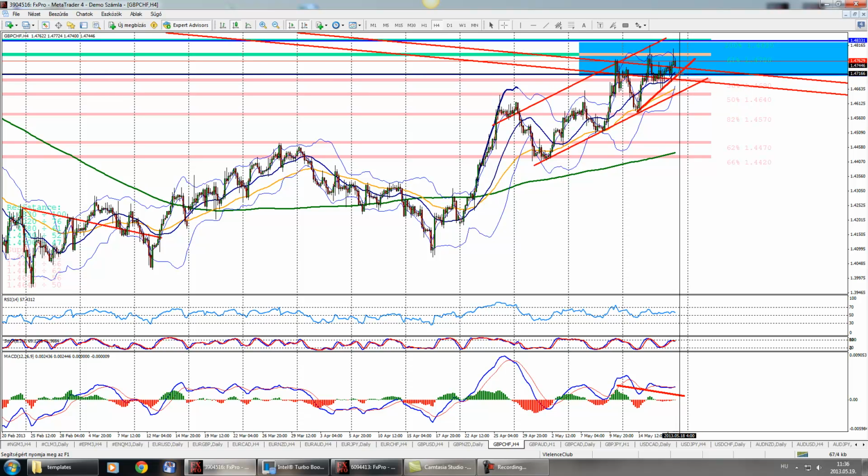So if the price action is closing below the level and below the trend lines, it could be a perfect entry to short. That's how I see the pound franc.